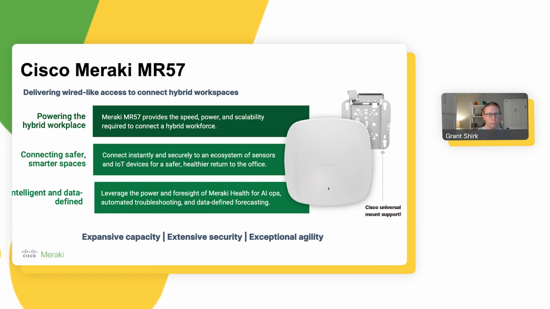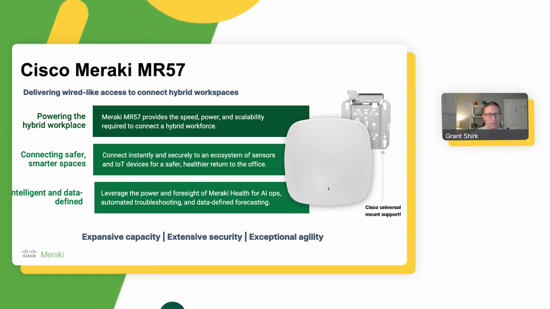Our customers who are deploying these already in their environments are finding that it is holding true to that wired-like access experience, both for the 6E devices that their executive teams and others are bringing onto the network, but also expanding that capacity and giving more flexibility with that flex radio to make sure that as people come back to the new campus, everybody's getting that rarefied special at-home wireless speed that we're used to when it's only us on the network, and when we're sharing it with thousands of others. And it's the opportunity, again, to connect all of this together: new capacity, more security, and more agility for those networks.